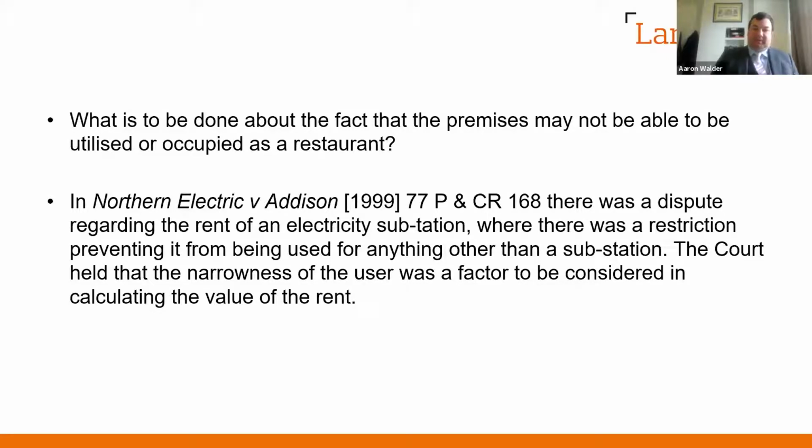So if we have a situation where user covenants and restrictions ought to be considered when calculating the value of the rent, then there's a strong argument that if there is a current restriction on using the premises pursuant to the user covenant, then that also ought to affect the rent when it's being valued. So that then may well become one of the idiosyncrasies that has to be taken into account when the basket of comparables is looked at.